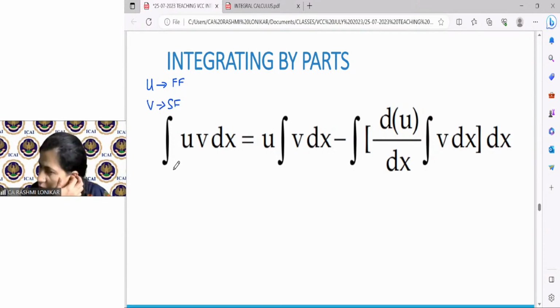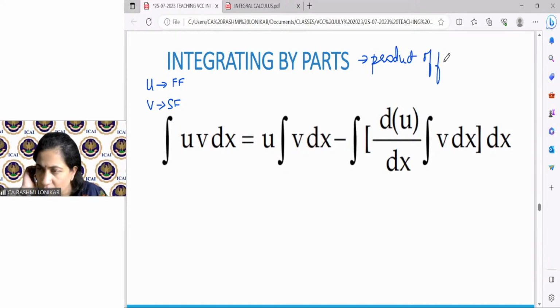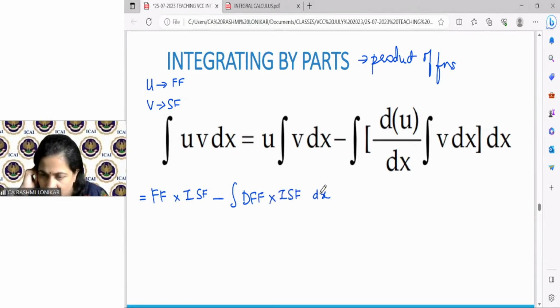Okay. So integral of product of two functions, u and v. This is used for product of functions. Okay. So integral of u, the first function, into integral of second function minus integral of derivative of first function into integral of second function dx.